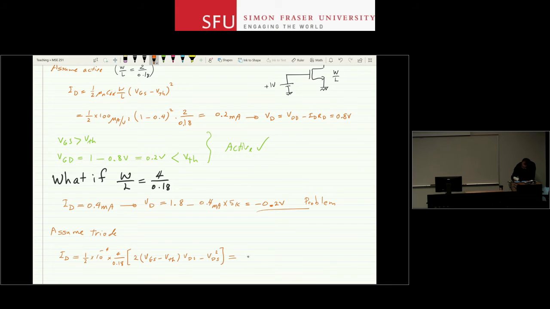I'm just going to expand it at the same time. So it's 2.22 times 10 to the minus 3.